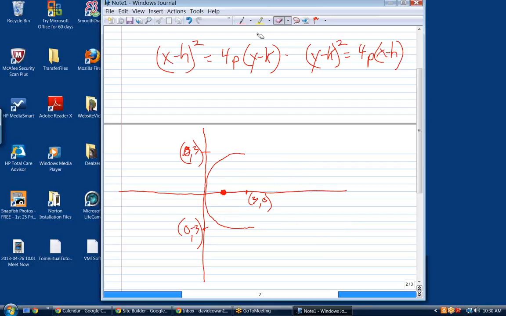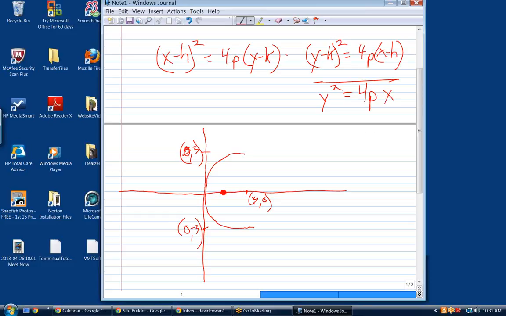Let's see, what do we know about this? We know it's horizontal, so it's got to fit this format. We know the vertex is at 0, 0, so that makes it fit this. And we want to solve for P, correct? Yes.